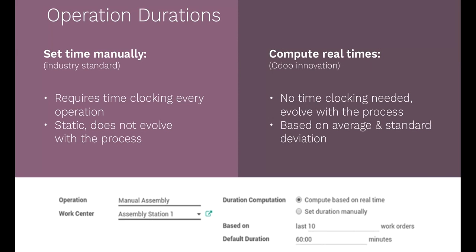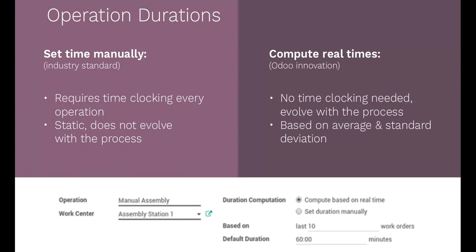If you change the process and some operations are faster, it will automatically adapt for the next work order, based on the KPIs you define. And you no longer need to measure every operation. Everyone knows that when you do that, it's always wrong. You do the sum of small mistakes, and at the end, your scheduling ends up with a very big mistake.